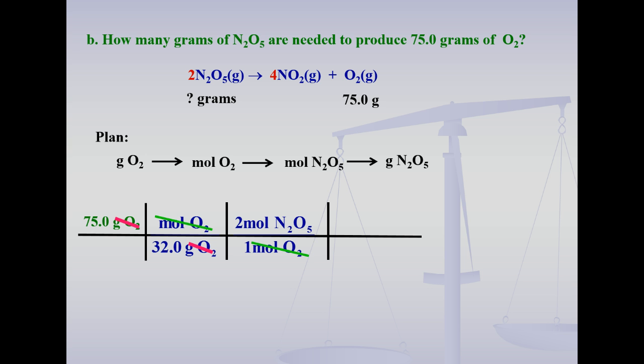And then finish up with the formula mass as your conversion factor with grams on top, 108 grams of dinitrogen pentaoxide over 1 mole. Divide out the common unit and calculate and round to 3 significant figures, and we get 506 grams of dinitrogen pentaoxide.